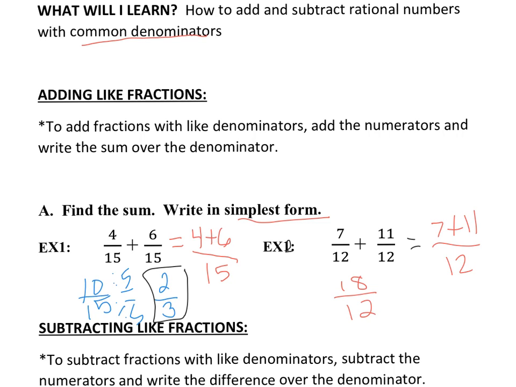Again, my problem can be reduced, so I'm going to divide it, top and bottom, by 6. 18 divided by 6 is 3, 12 divided by 6 is 2. So I end up with the answer of 3 over 2, or I can convert it to a mixed number, which would simply be 1 and 1/2. So either answer is correct, the 3 over 2, or the 1 and 1/2.